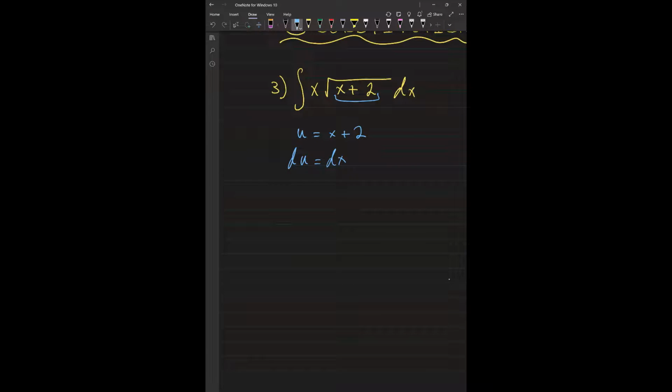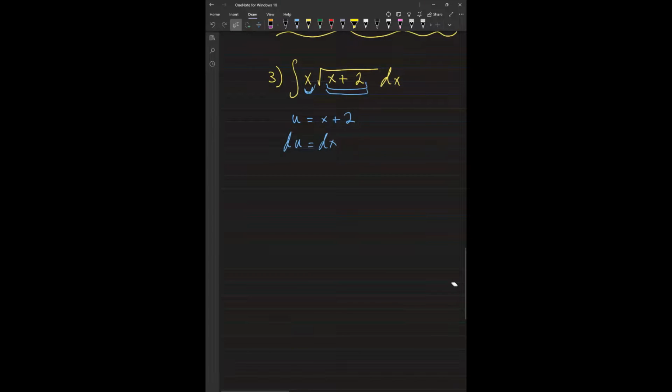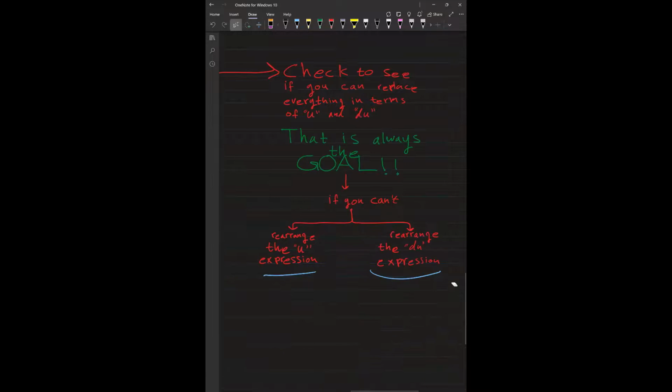Well, in this case, no. I mean, we can replace this, but we got this x right here. How can we replace this x right here? We cannot manipulate the du expression because it's just du equals dx. We can't really do anything with it. What we can do, however, is rearrange the u expression by subtracting.